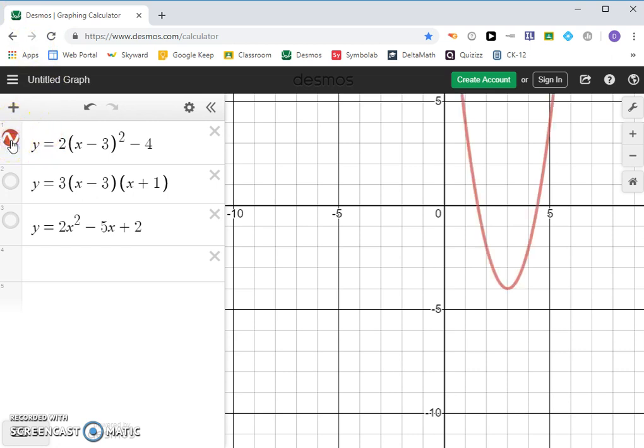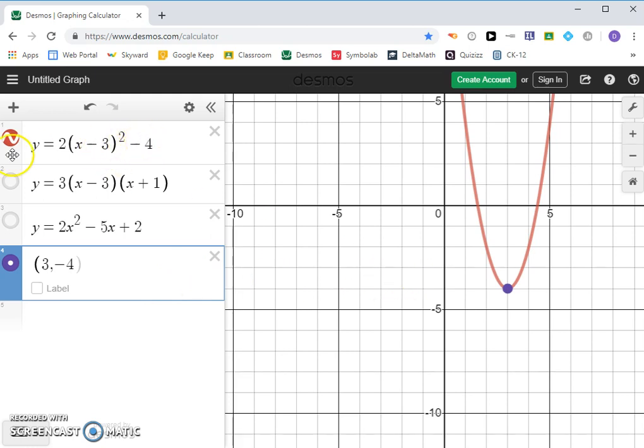I'm going to turn this one on first, and I want you to notice a couple things. First of all, let's take a look at the vertex right here. I'm going to label that point here right at 3, negative 4. Okay, so you can see it right there. And you can see that that matches up with this number right here and that number right there.